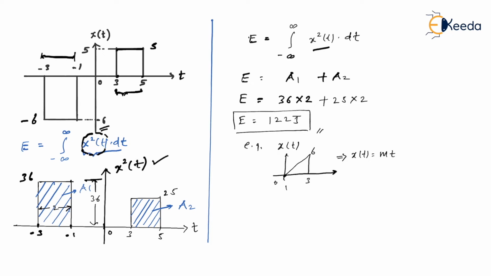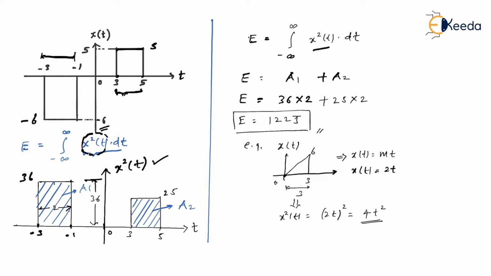Now if you calculate the slope, change in x is 3 and change in y is 6, so 6 by 3 it becomes 2. So x of t is 2t here. Am I right? So if such signal is squared, then it will become 2t whole square, and 2t whole square is 4t square. And let me tell you, 4t square becomes a parabola.